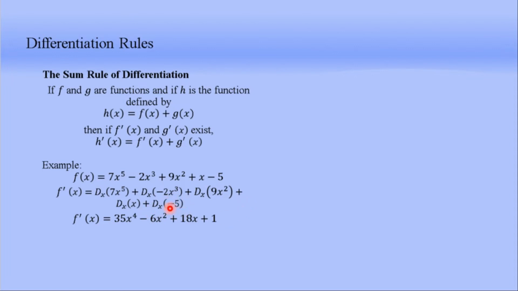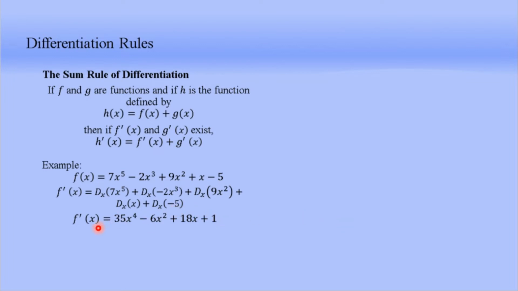And now we're going to find the derivative of the last term, which is -5, and it's based on the constant rule of differentiation. The derivative of -5 is 0. Since there is no variable, it's just a constant number, the derivative is 0.